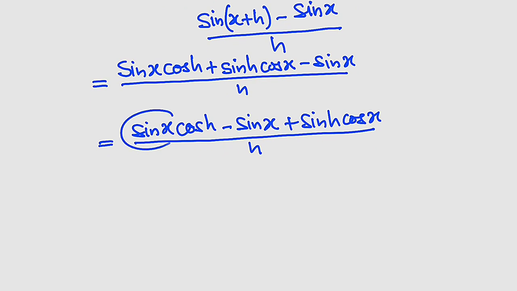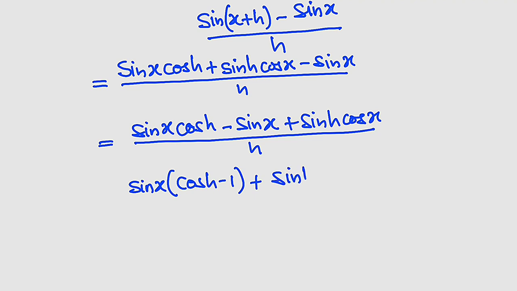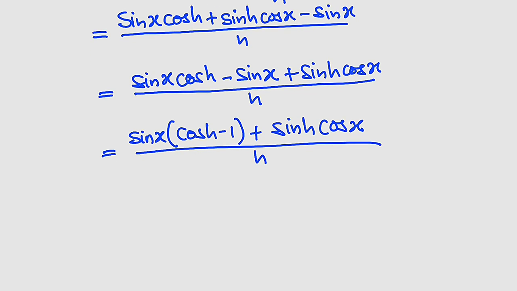Now since we have sine x in both terms, we can factor it out. So we have sine x outside, then inside we have cos h minus 1, then plus sine h cos x, whole divided by h. We have not finished simplifying yet, but now we can split the fractions.